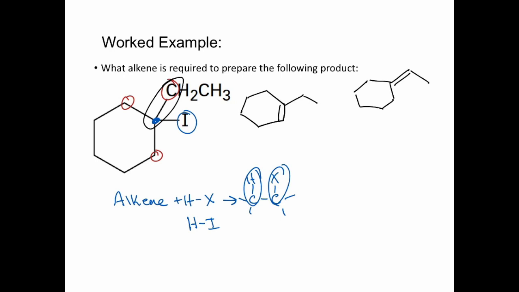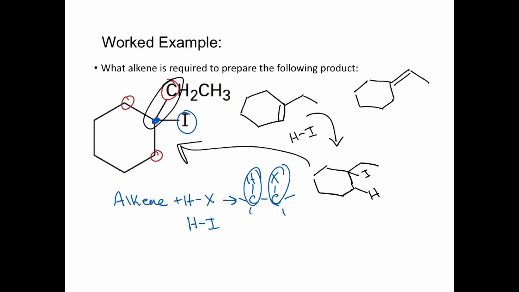So when I add HI, the H goes on the carbon with more H's, and the I goes on the carbon with less H's. So if I reacted that alkene, the iodine would go here, and the H would go there, which now does look like the product. So that could have been the starting alkene.